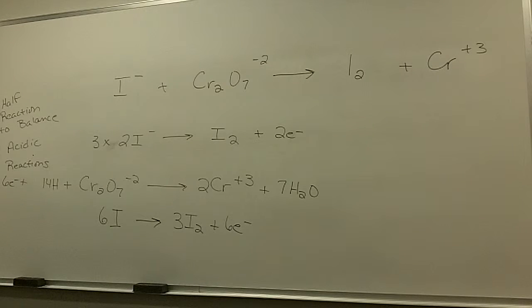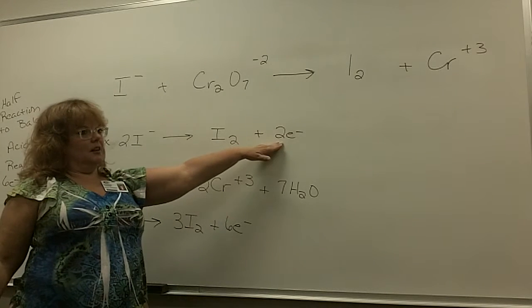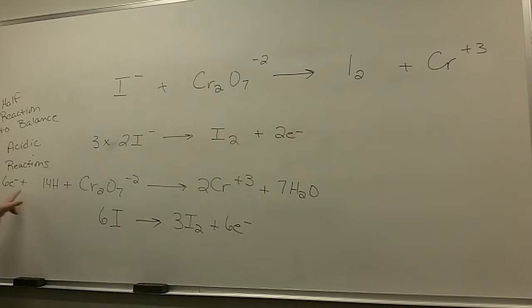I'm still confused. Where did the 3 come from? To balance out the electron charge. On the top you have negative 2 electrons, and on the bottom one you have 6 electrons. So you add 3 to get 6. I need to have the same number of electrons on both sides. So we got the 6 iodine by multiplying 3 times the 2 at the top.